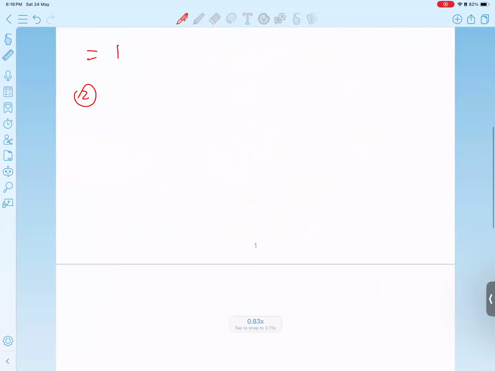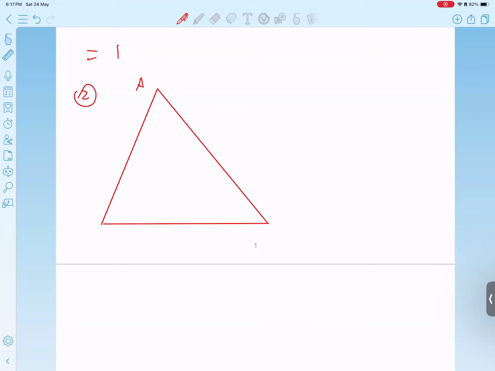So I'm going to draw a new diagram. So triangle ABC, and the condition I will use: suppose E is a point on AC such that BE is perpendicular to AC, and suppose F is a point such that CF is perpendicular to AB.